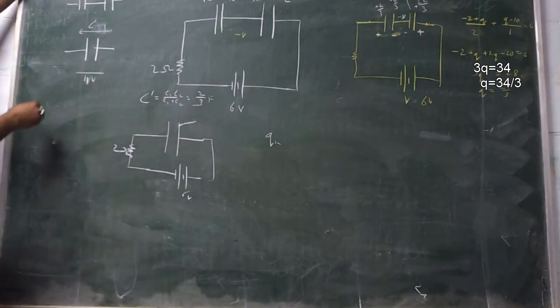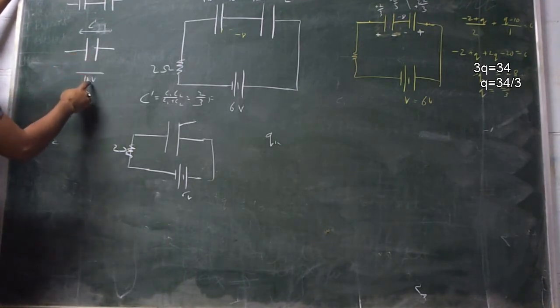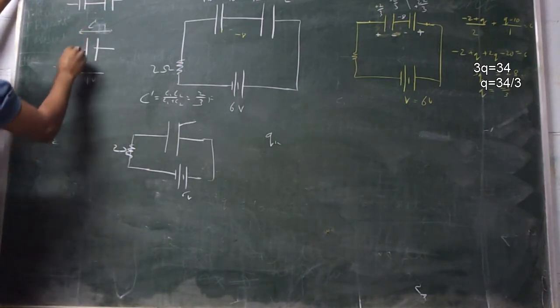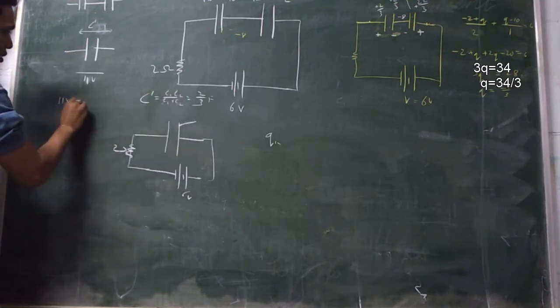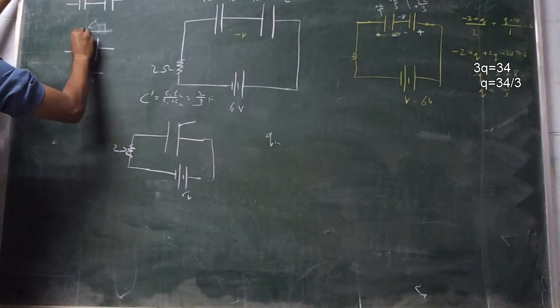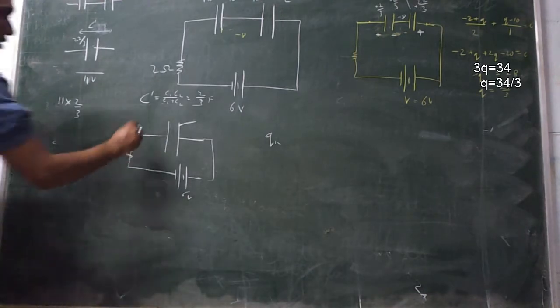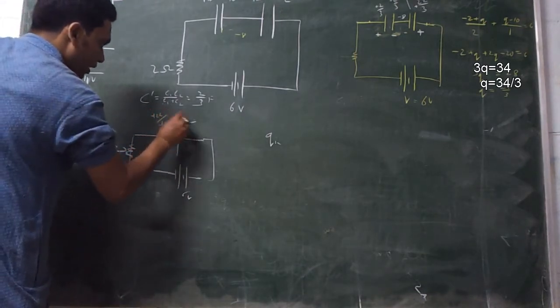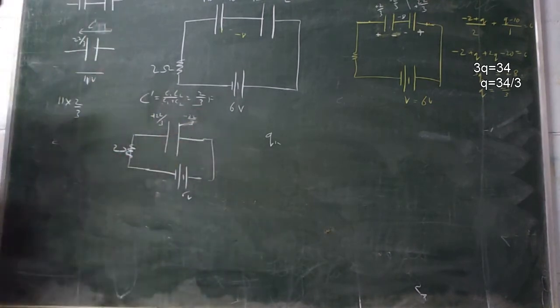If this is 11 volt, the charge on that capacitor will be equal to C into V. So the charge on the capacitor will be 11 into C, which is 2 by 3, so it is 22 by 3. So the charge on the capacitor initially is plus 22 by 3 and minus 22 by 3.